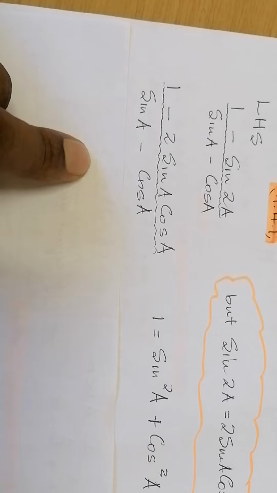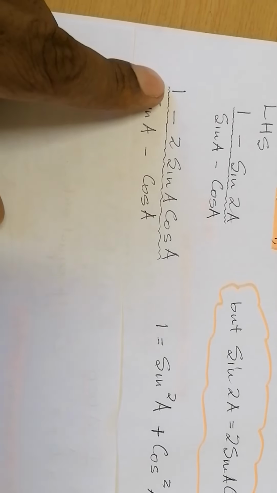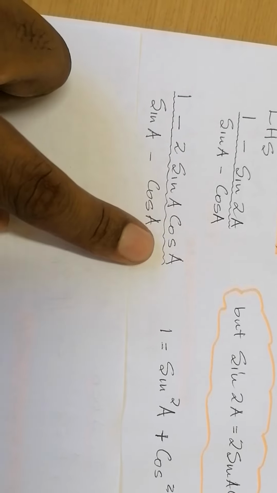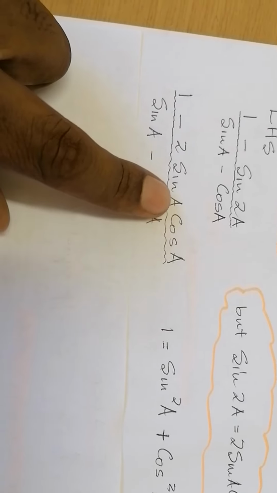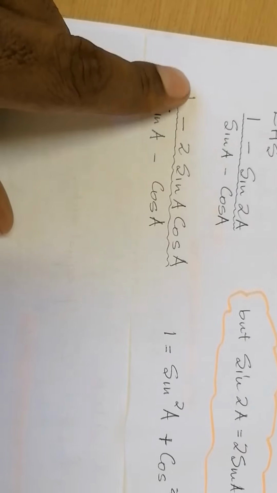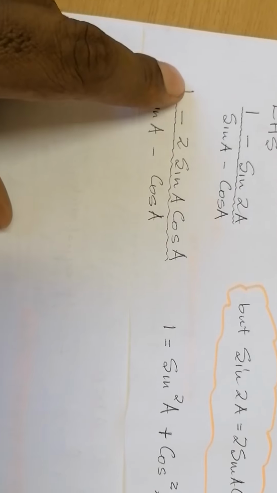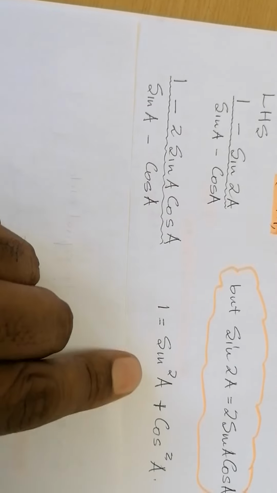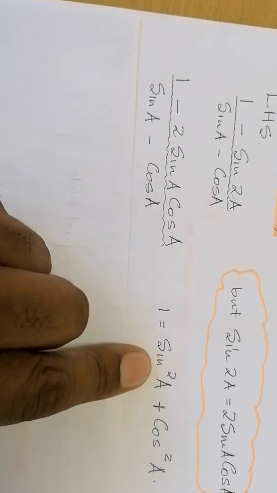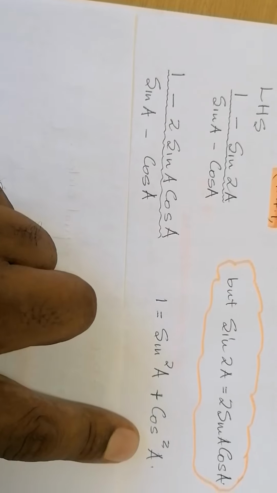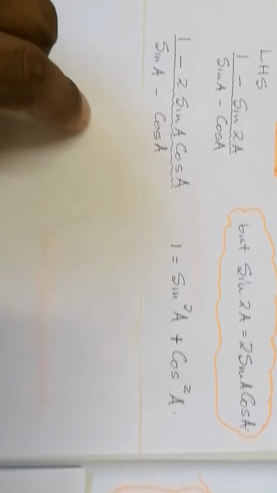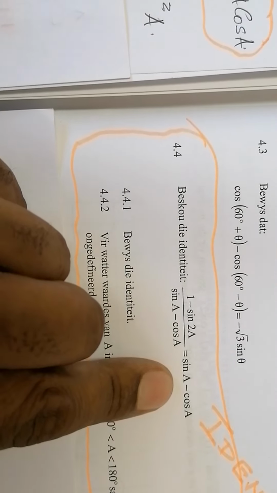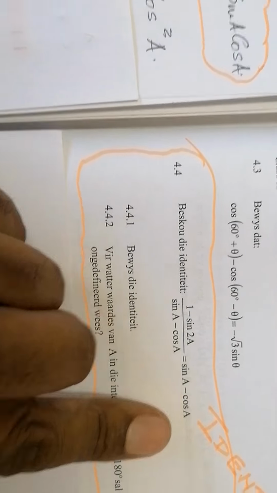Now, having done that, if I have 1 and I have 2 sine a cos a, I normally refer to these as cousins. Why? Because I know that 1 is exactly the same as sine squared a plus cos squared a. Now, if you look at what we are looking for, we want to have sine a and cos a.